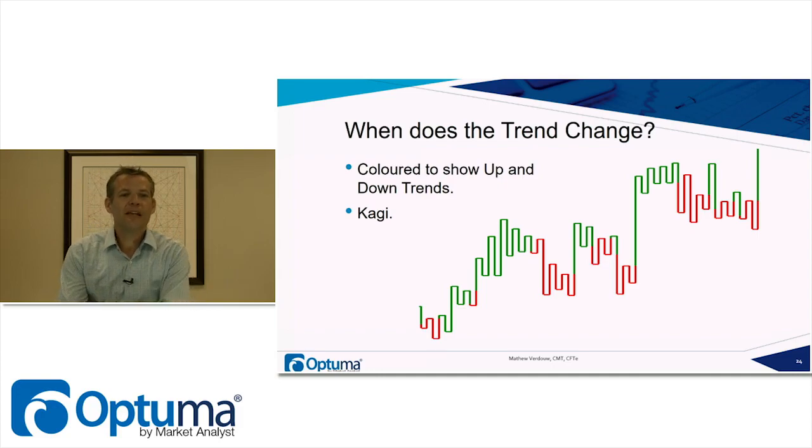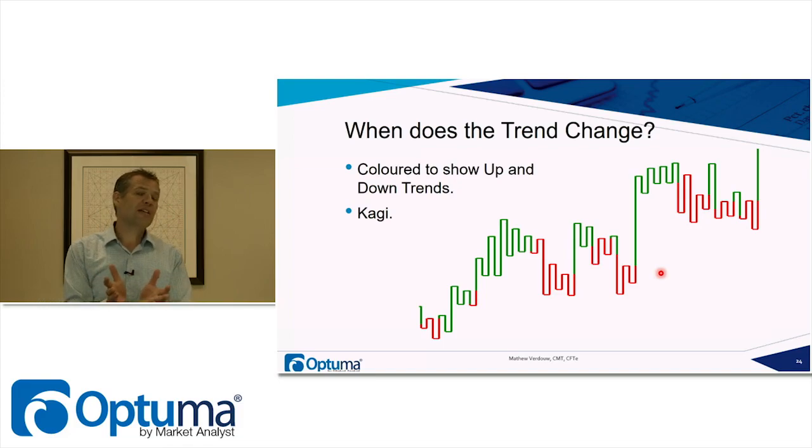But you can see, if we take this example here, where we've been up, we've had lots of inside movement actually, but the swing doesn't actually change until we take out one of the previous lows, which we did right here, and then it stays red to say the trend is down until we take out a previous swing high, and then we say the trend is up again. So you can see that it's a nice way of being able to classify that.